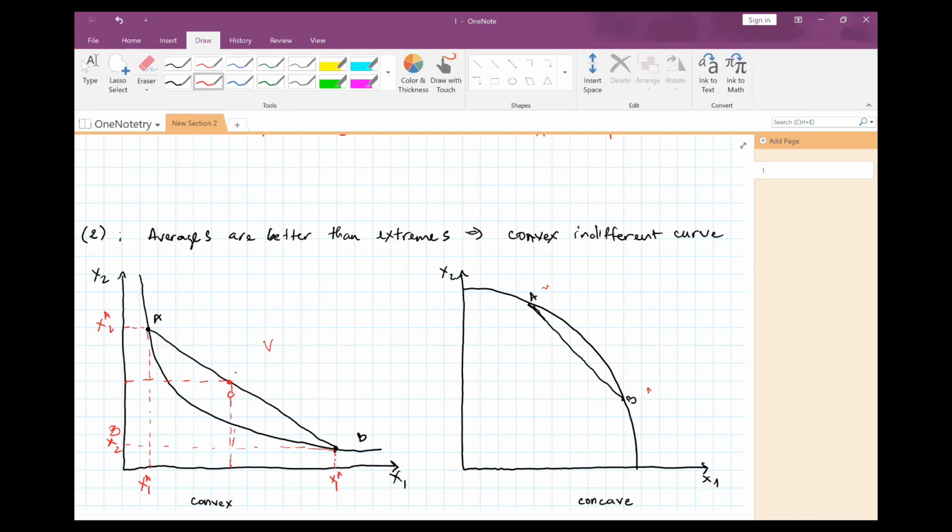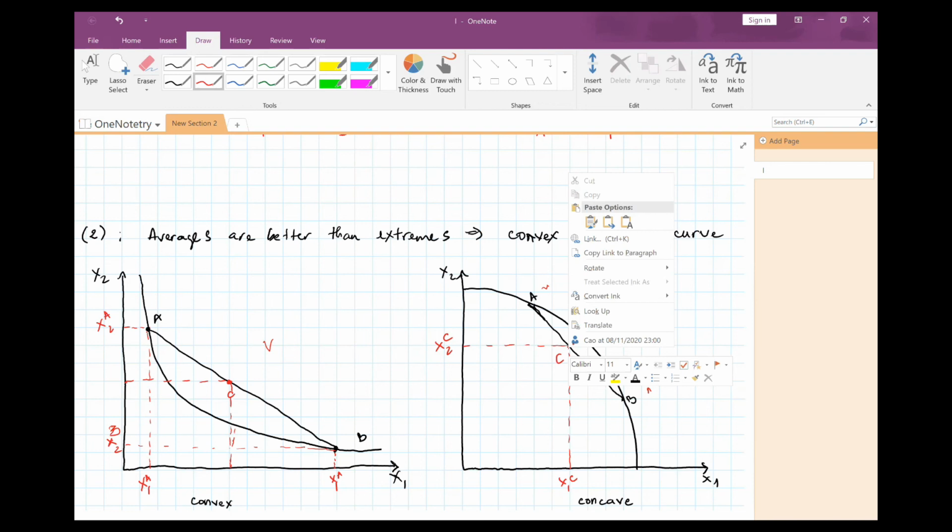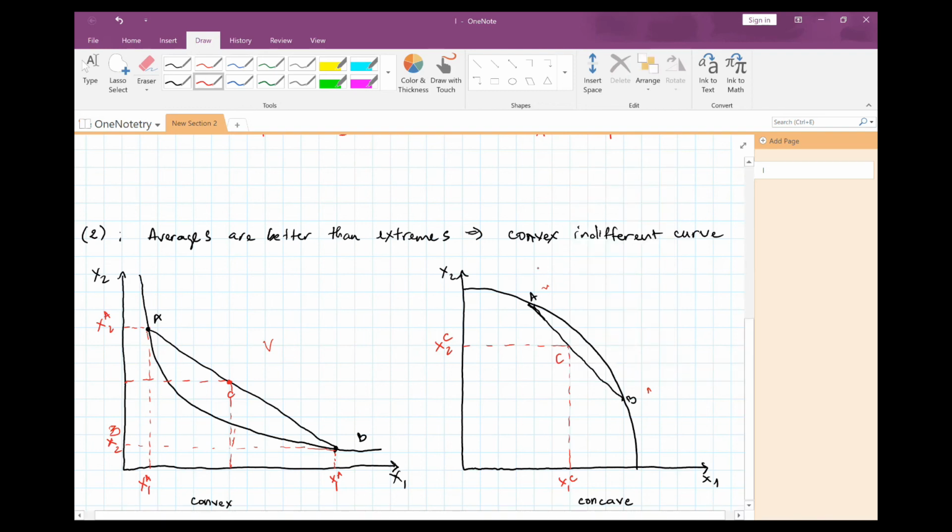Let's see on the concave function. The same thing here. If you have an average combination of the two, let's say C, x2c, x1c, you see that because the whole line lies below the curve, and that means to the left of the curve. So anything to the left is worse off. So for that reason, average is not better than extreme.